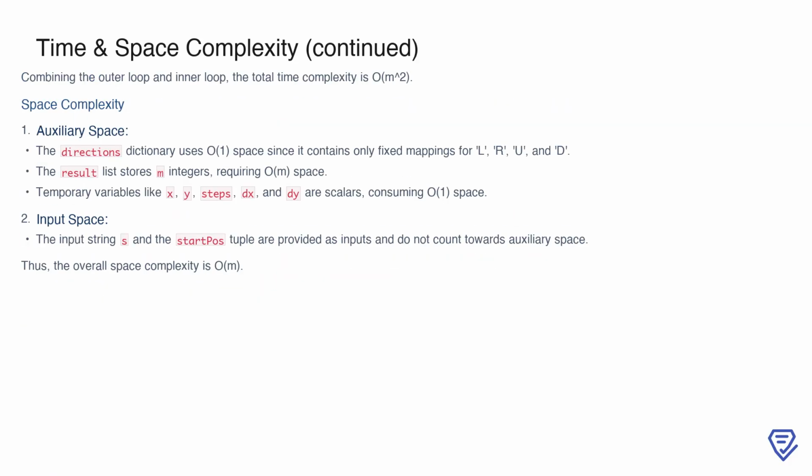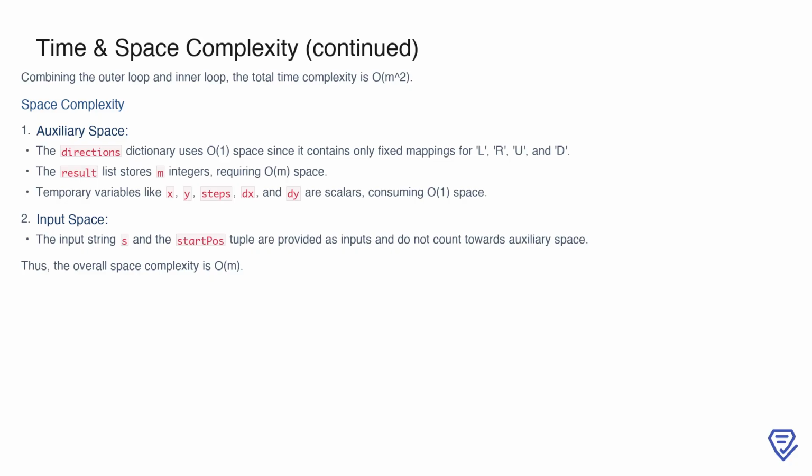Now that we've established the time complexity, let's turn to the space complexity. The algorithm uses a fixed dictionary called directions to map the movements for L, R, U, and D, which requires O(1) space since the size of the dictionary is constant. The result list, which stores the number of valid steps for each suffix, scales linearly with the length of the string s, so it requires O(m) space.